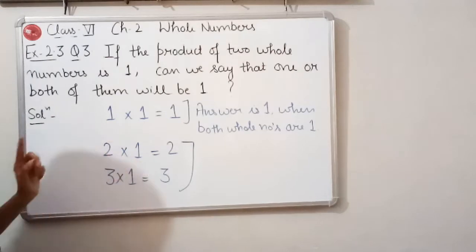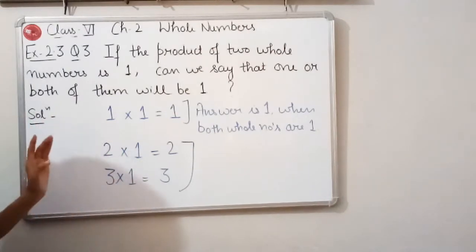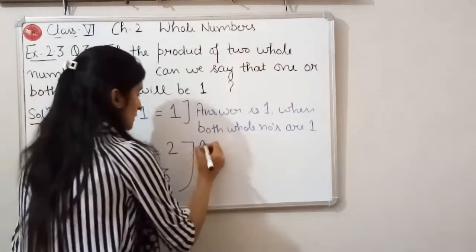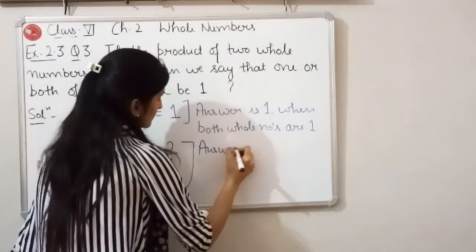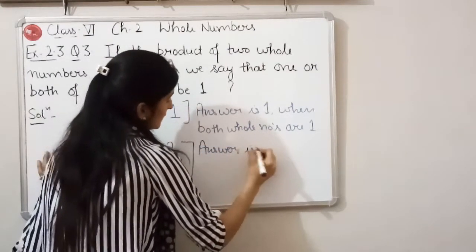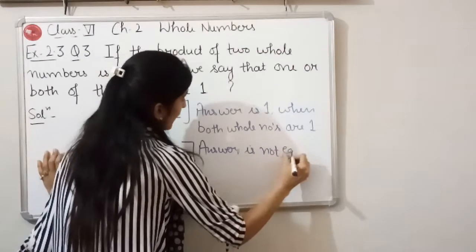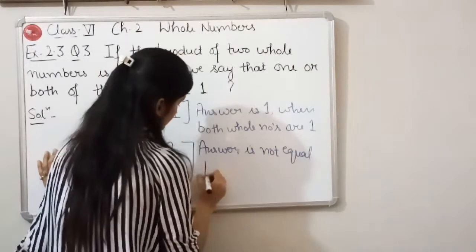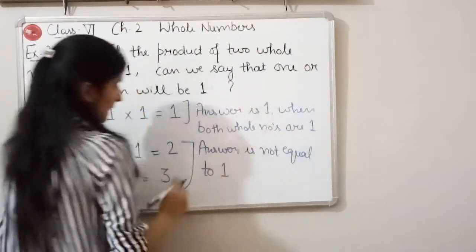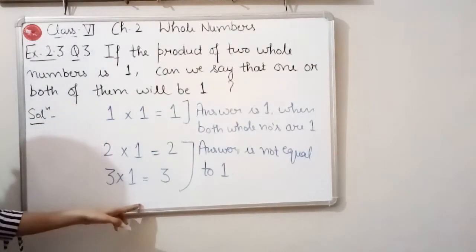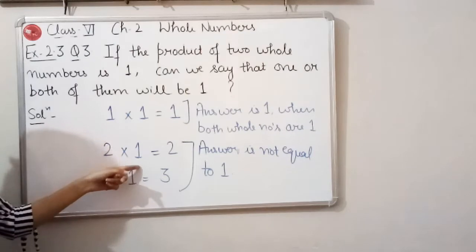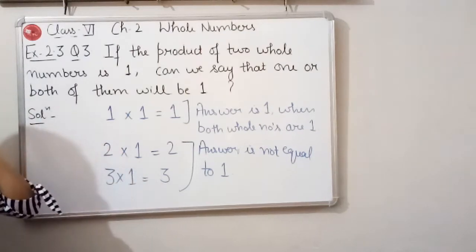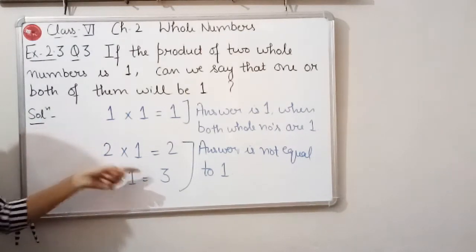Then there is only 1, 1. So the answer is not equal to 1 when we have one whole number equal to 1.